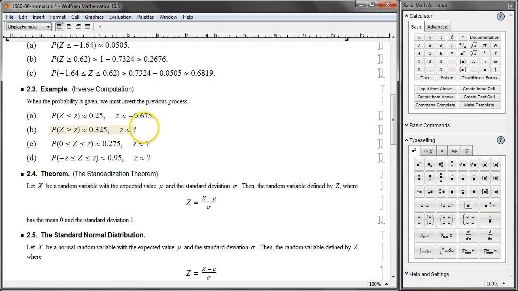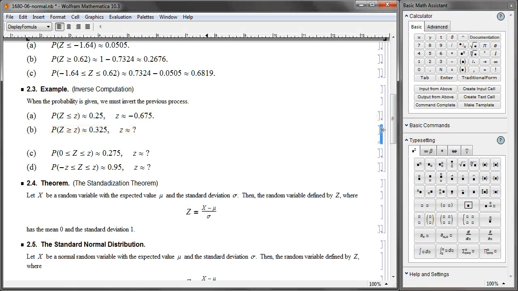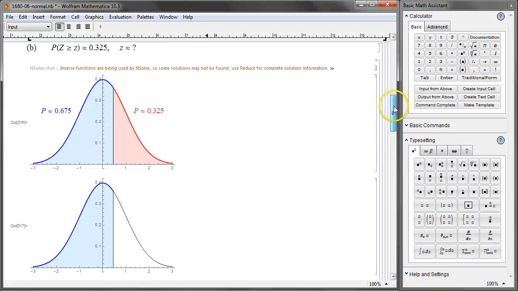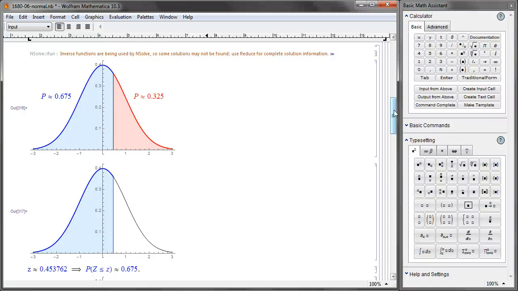How about the second example? For example, the probability that z is greater than a certain z-score is 0.325 approximately. Again, draw a picture. So you have to look at the red region here, red shading, to the right part, which is 0.325.